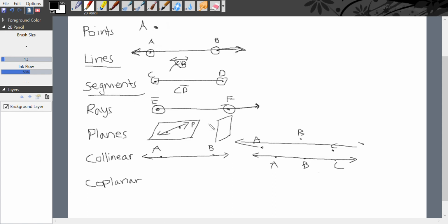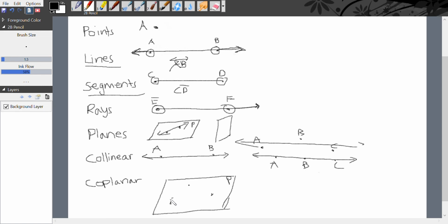Moving on to coplanar. So coplanar basically means that they exist in one plane. So let's say we have plane P again. Label this P. So let's have one point here, another point here.